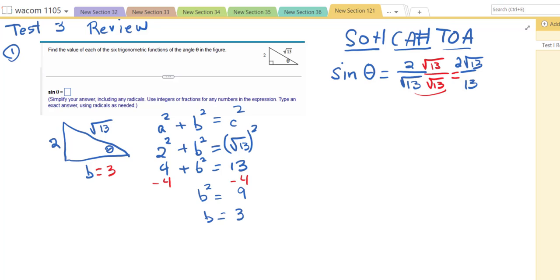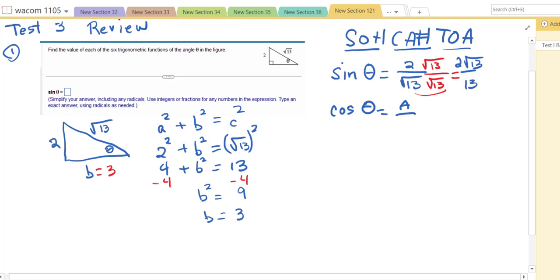On the next one, we'll do cosine of theta, and cosine is adjacent over hypotenuse. Theta is still here. Adjacent will be 3 over square root of 13. Still can't have that radical in the denominator, so you have to rationalize with square root of 13 over square root of 13.